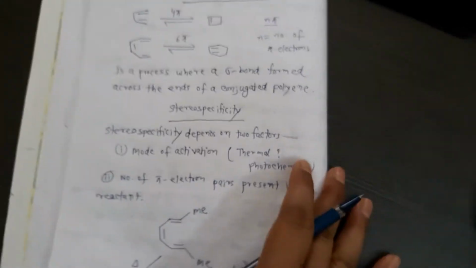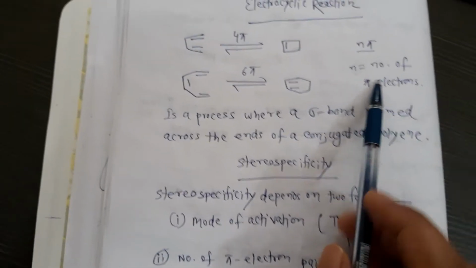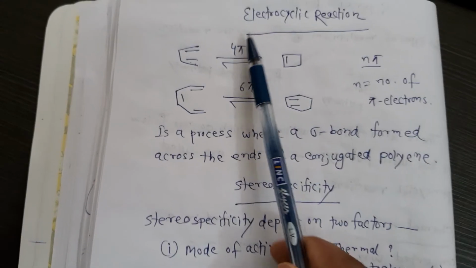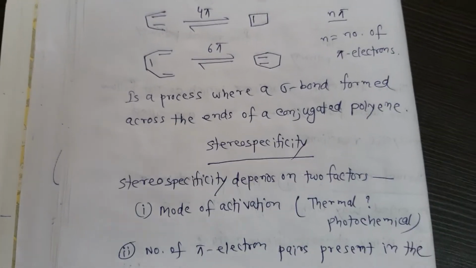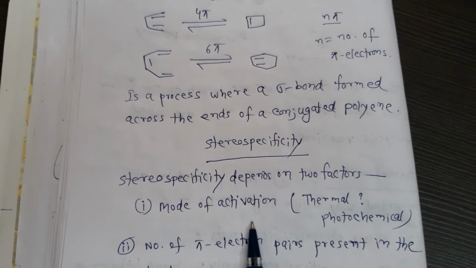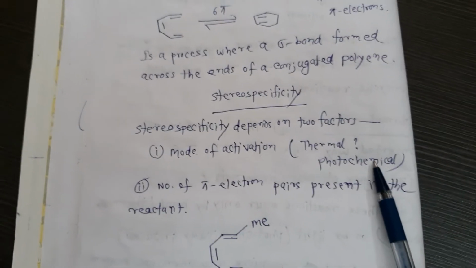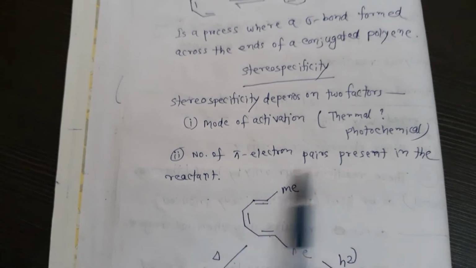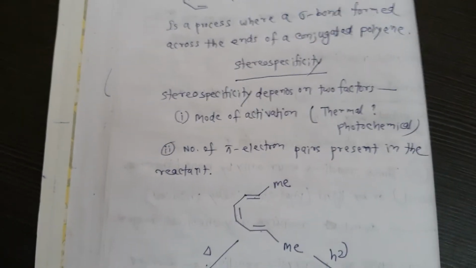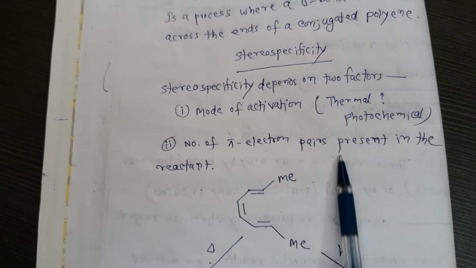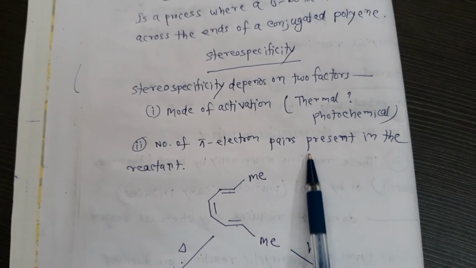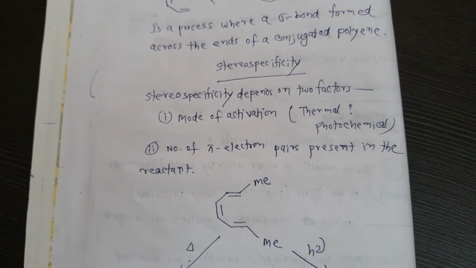So in electrocyclic reaction, the notation is n pi, and the stereospecificity depends on the mode of activation, whether this is thermally or photochemically, and the second one is the number of pi electron pairs present, because the number of pi electron pairs decides whether the rotation will be conrotation or disrotation.